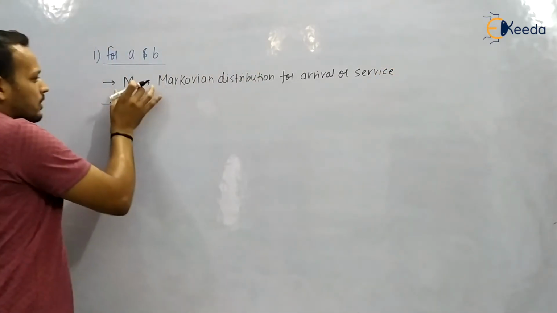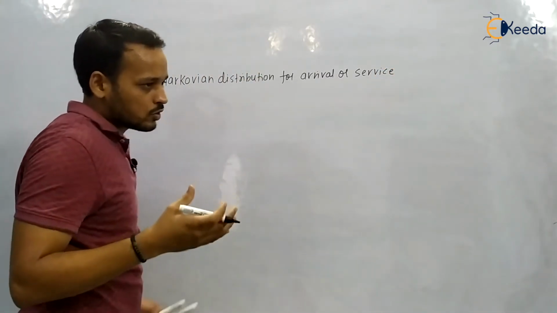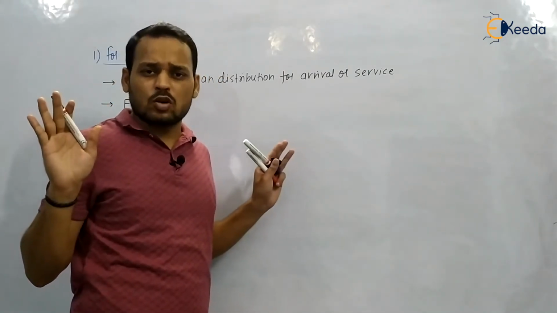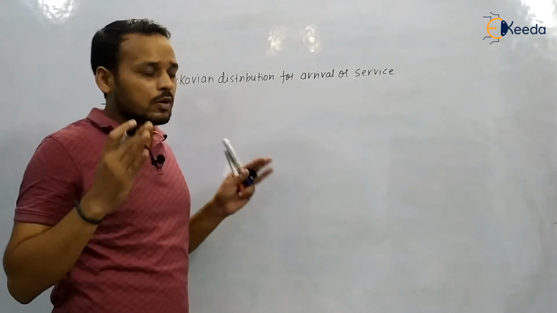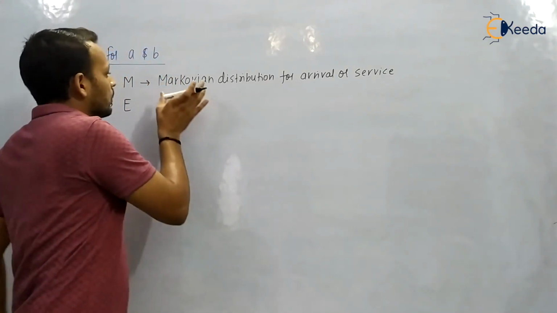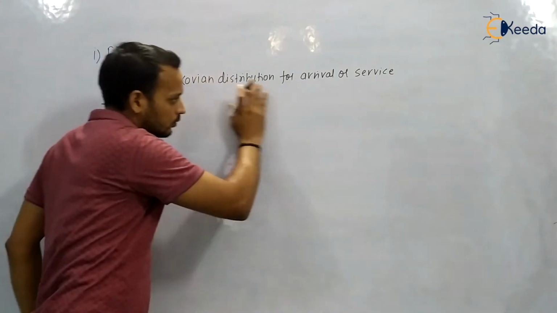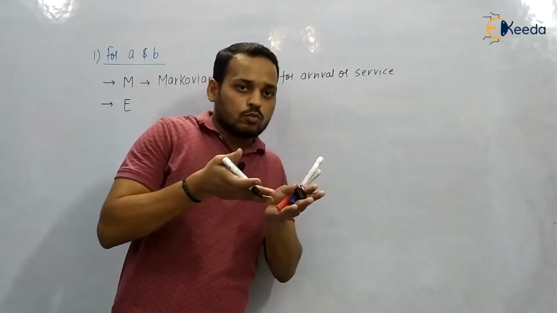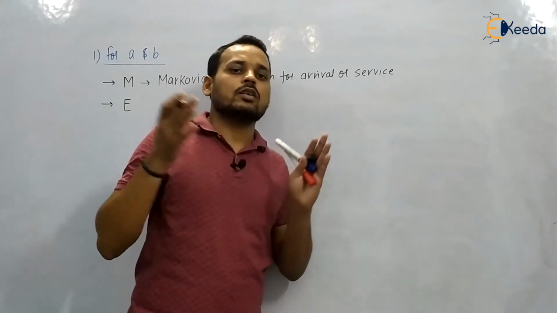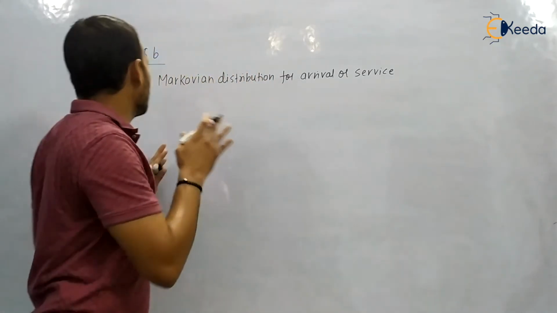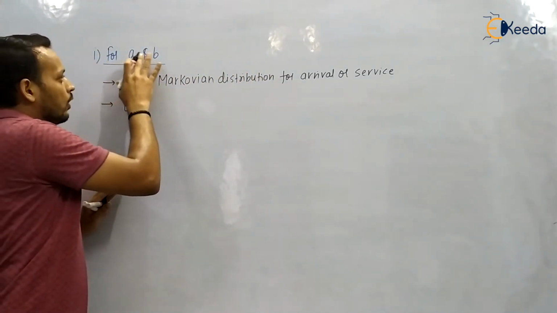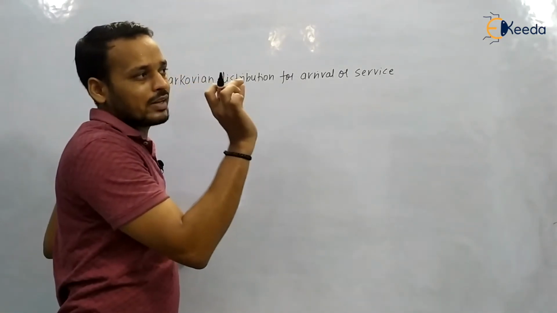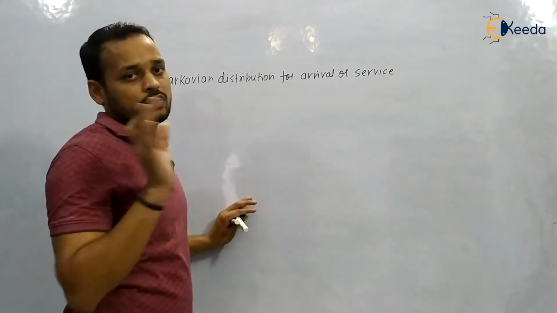Markovian distribution is also known as Poisson distribution or exponential distribution. Markov was one of the scientists who found those things, whether it is going to be Poisson distribution or exponential distribution. So in place of A or B, M can be written, and just by looking at M, you will say that it is following the Markovian distribution.